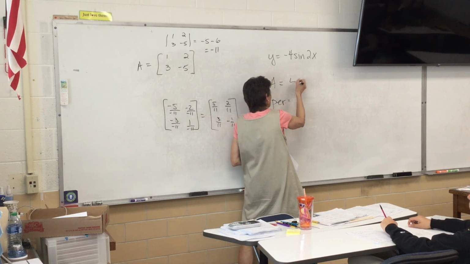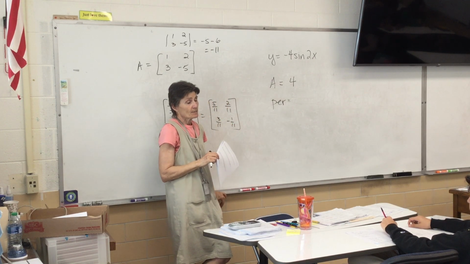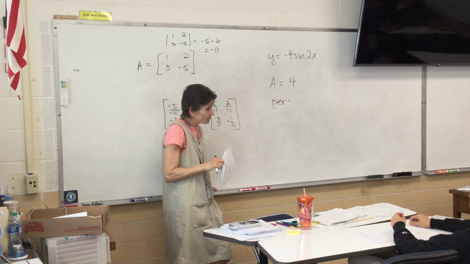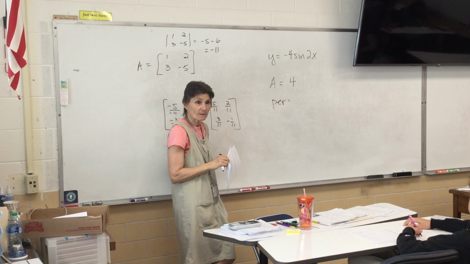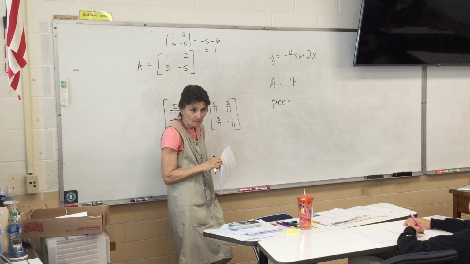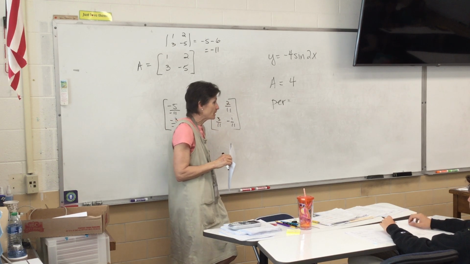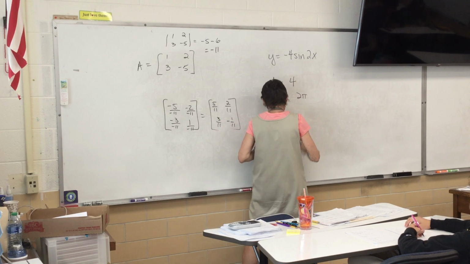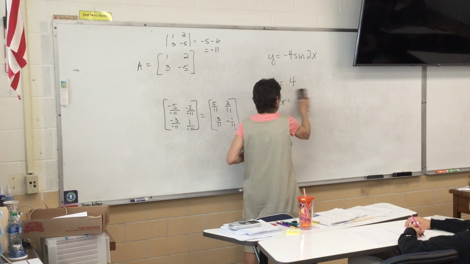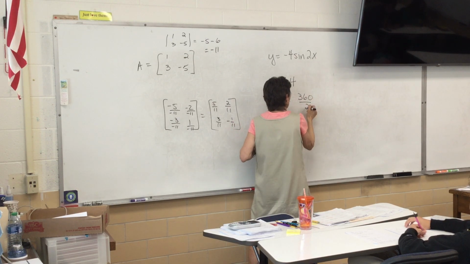Amplitude is this number 4. Amplitude is always positive. So even though that's a negative, amplitude is still positive. The negative turns the picture upside down. We're not graphing, but if we were graphing, it would be upside down. Period is always 2 pi, or excuse me, not 2 pi, 360 divided by that number.